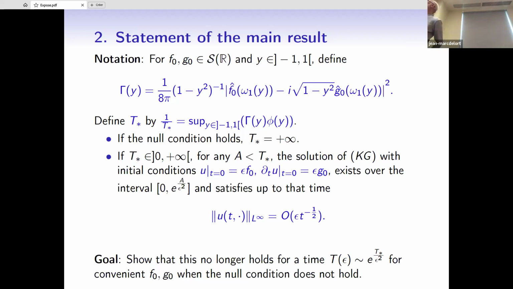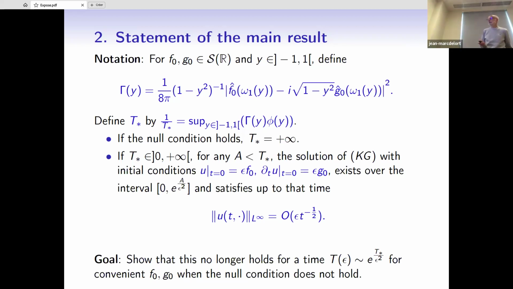In this statement, yes, but we shall now get a T of epsilon, which is much better than what is here. The proof that I have given of this statement didn't say anything when you send A to T star. And what we want to do now is to say something.